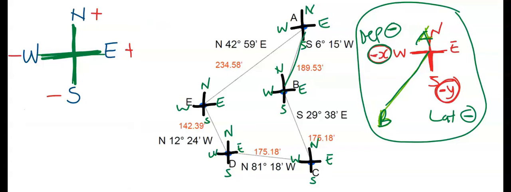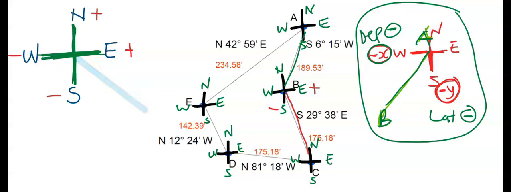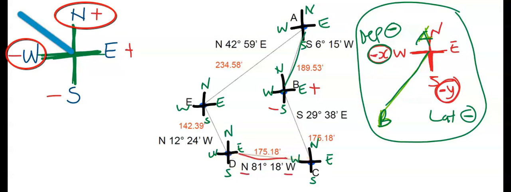For example, let's consider B to C. You can see that for B to C, your departure is a plus while the latitude is a minus. So you are going to consider that after you have calculated with the formula. From C to D, it is northwest.